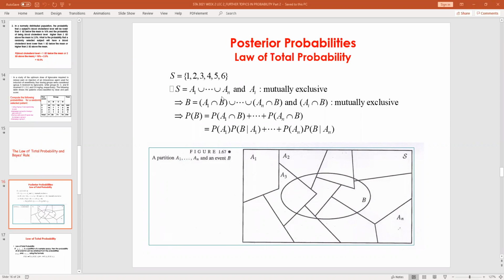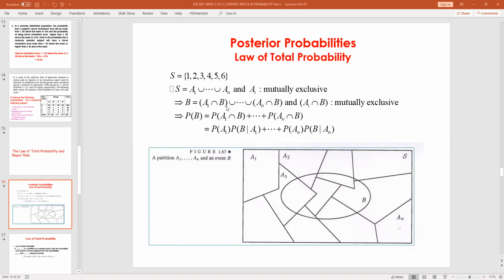What am I talking about here? If I'm looking for event B, either I come to maybe A1 class and try to figure out event B, or I go to A2 class and figure out event B, until I get to AN class and figure out event B. Which means what I have right here is the union of the joints.